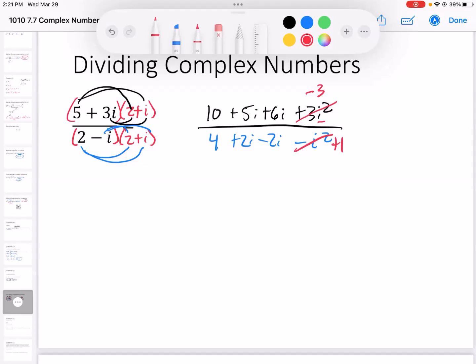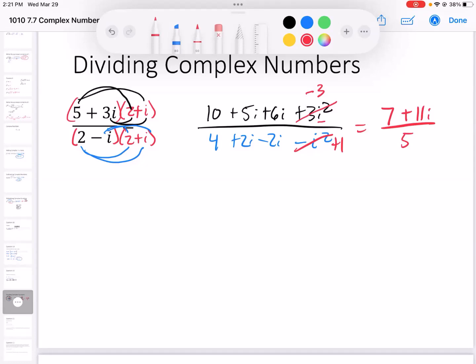Now I can combine all my like terms. On the top, 10 minus 3 is 7. 5 i's plus 6 i's gives me 11 i's. And then on the bottom, I have 4 plus 1, which is 5. And then 2 i's minus 2 i's cancels out. That's the whole point of multiplying by the conjugate, so that this happens, because now this is a single complex number.